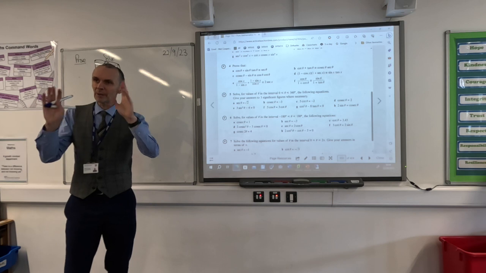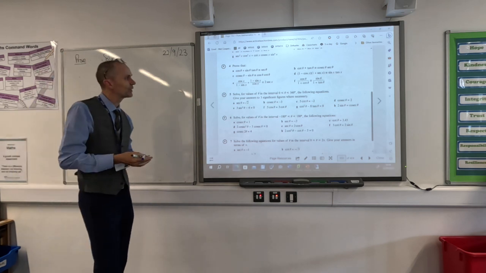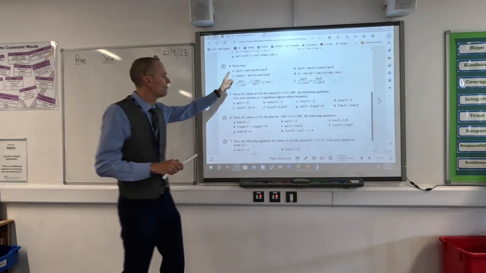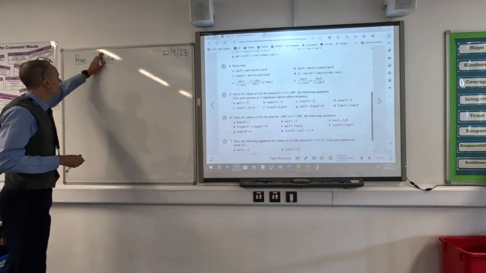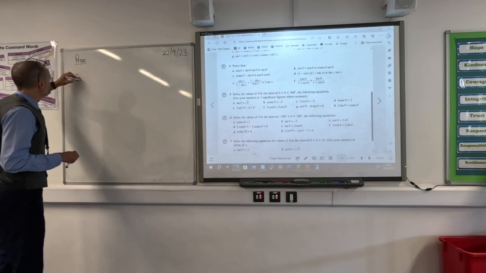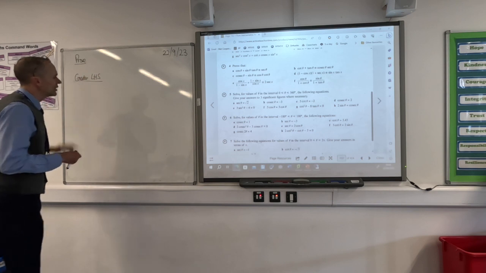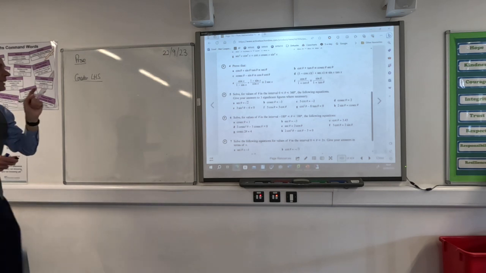What we do is we pick a side and deal with that side in isolation. So in this first question, I'm going to consider the left-hand side. That's my statement saying I'm going to focus my attention initially on the left-hand side.